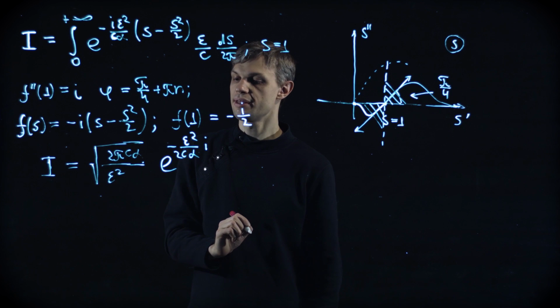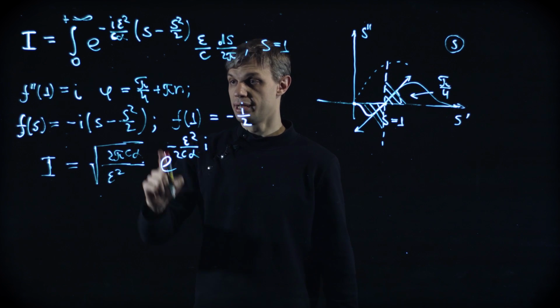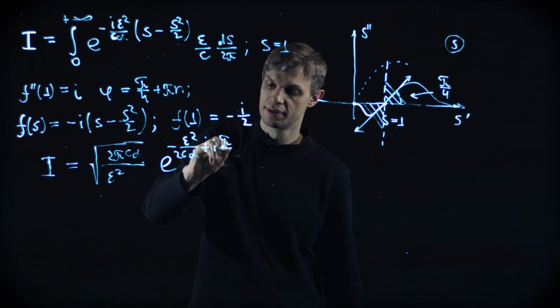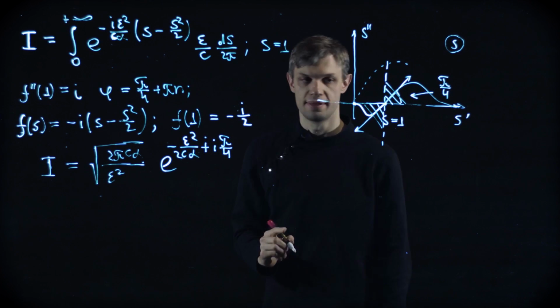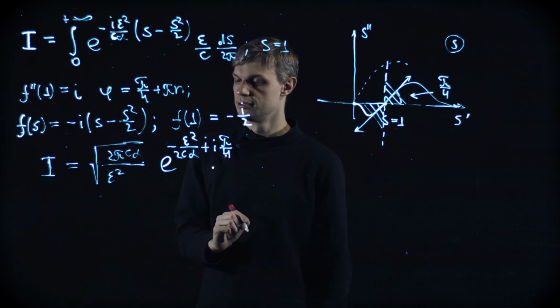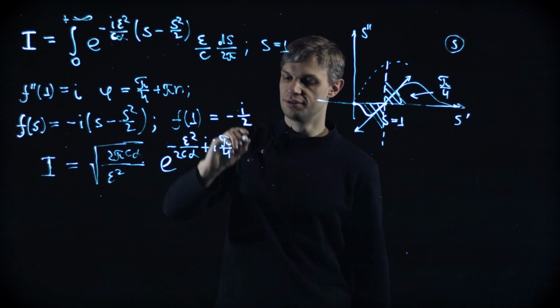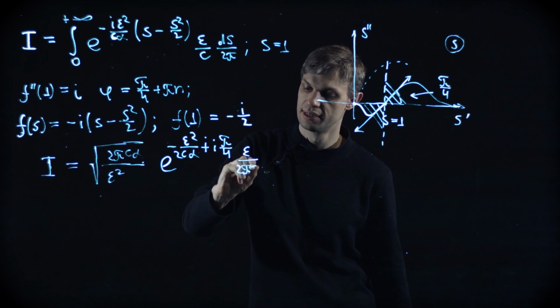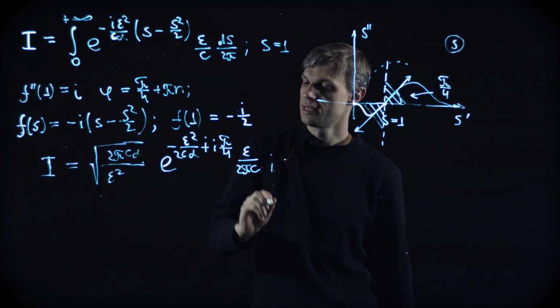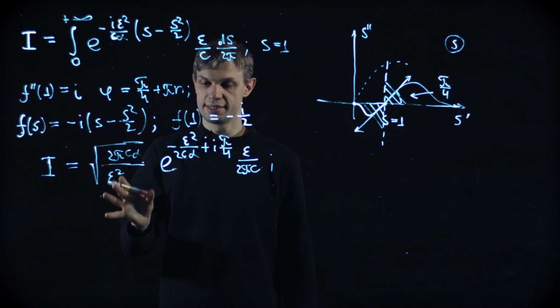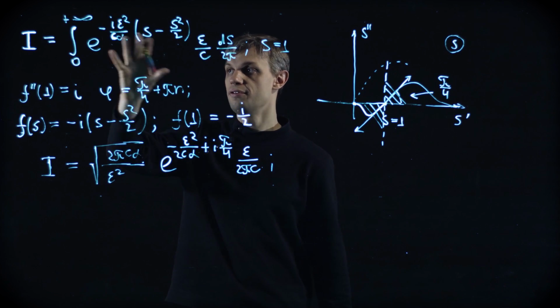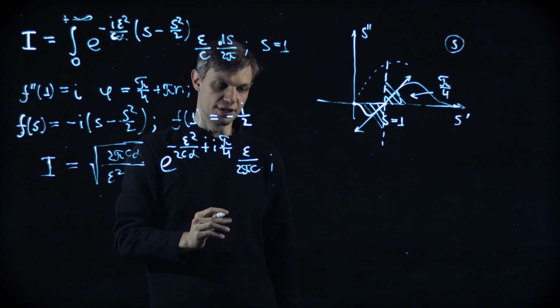And yeah, I think that's mostly it. Right, and plus, of course, this i pi by 4, the steepest descent direction angle. And there is this prefactor, epsilon over 2 pi C. So this is the correct answer for our integral for the first part of our wave function.